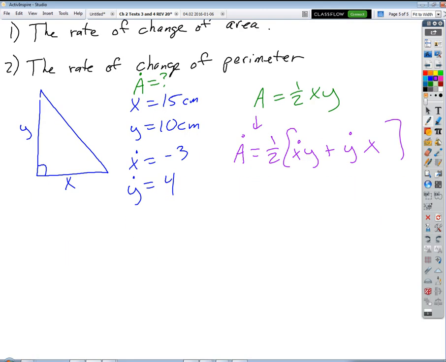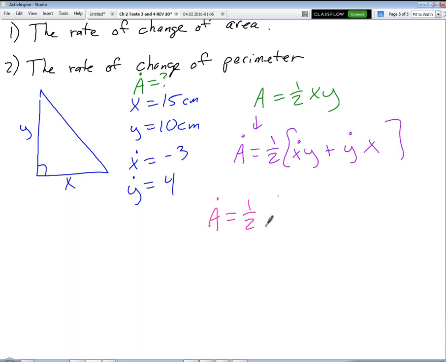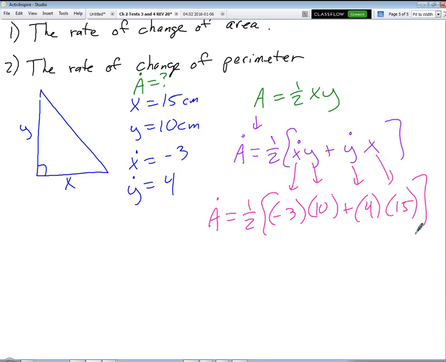And so we get A dot equals 1/2 times -3 times 10 plus 1/2 times 4 times 15. We suppressed the units here, but what would the units have been for x dot? Centimeters per second.